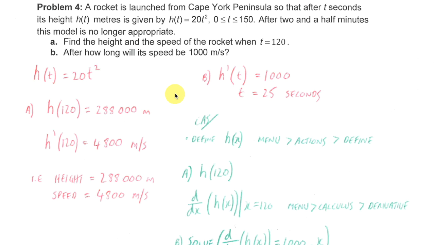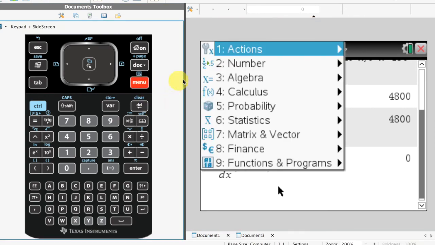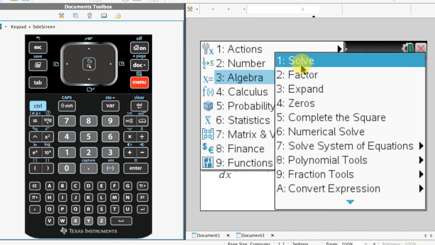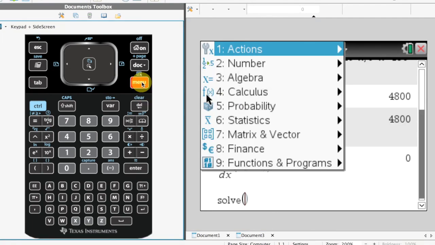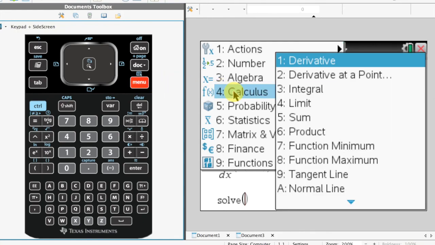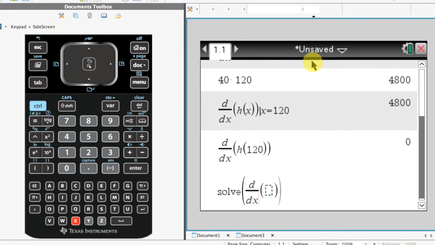So in part B, we need to work out how long it takes for the speed to reach 1,000 meters per second. So we're going to use our CAS calculator. So menu, algebra, and solve. And now we're going to bring in the derivative function. So menu, calculus, derivative, with respect to x.